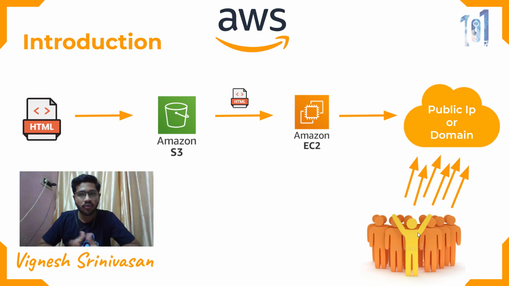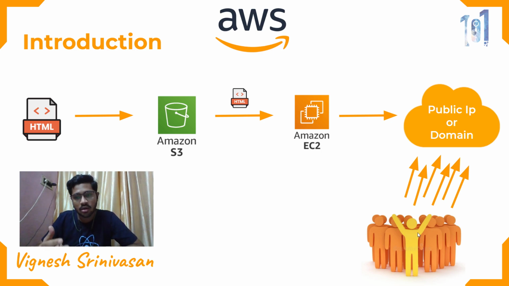Okay, let's see how it works and how we should actually do it. The first thing we have to do is drop our HTML files, all the project files, to the Amazon S3 service. Amazon S3 is another Amazon service, Simple Storage Service, which is just like Google Drive. You can drop any files you want, like HTML files, video, audio, anything.